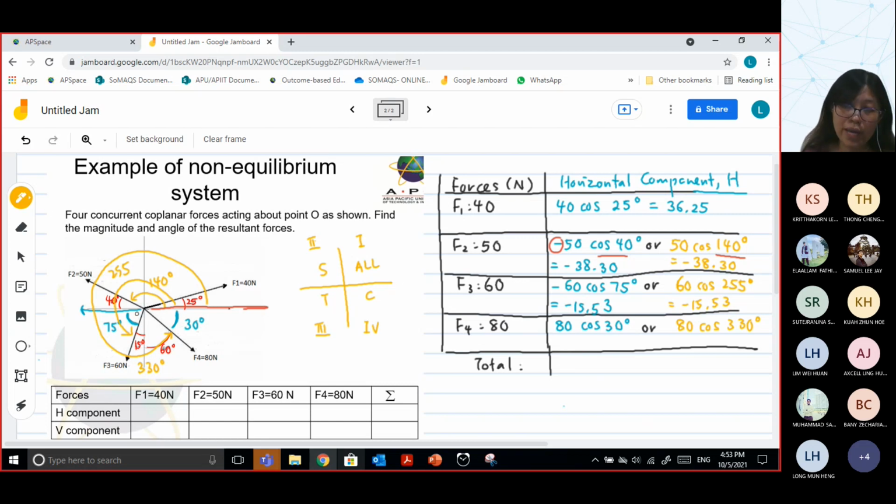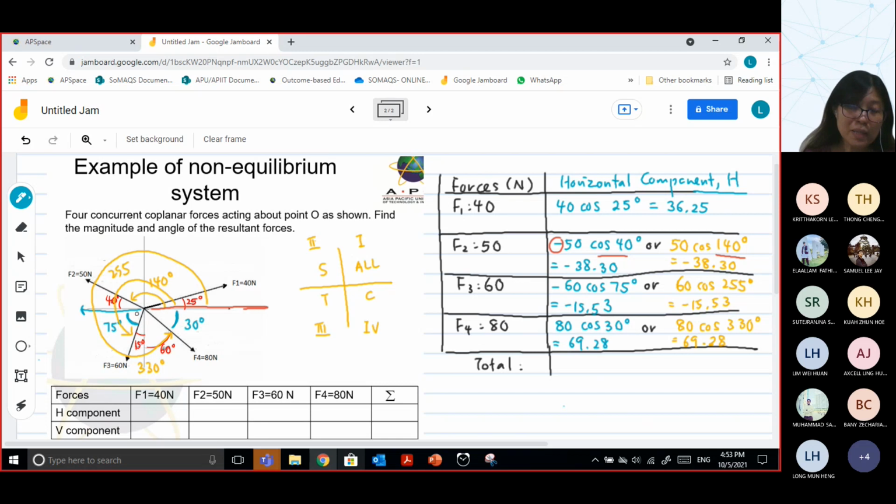For 80 cos 330, it will be 69.28. Definitely they must be the same. So you can see you can use either way.